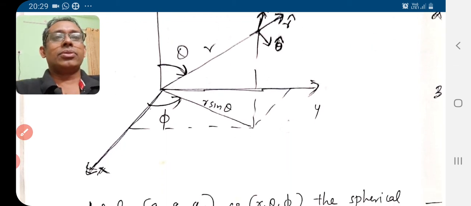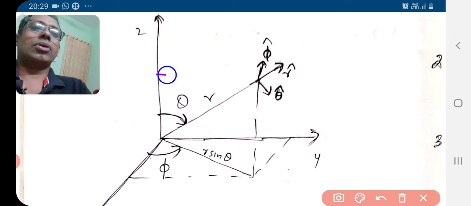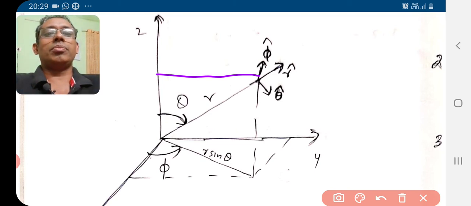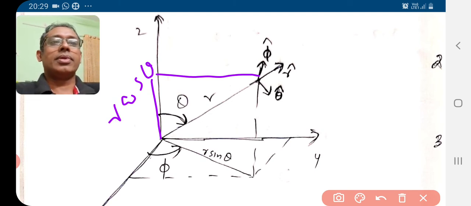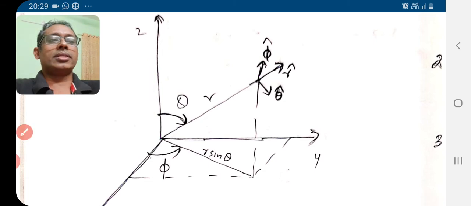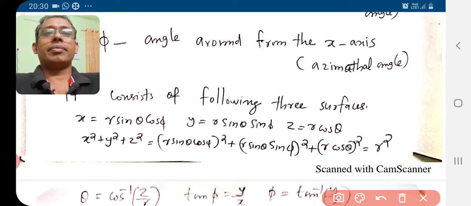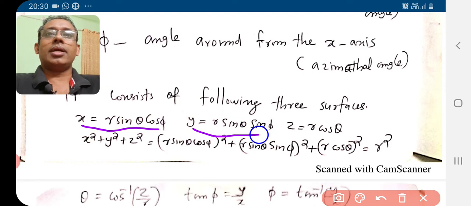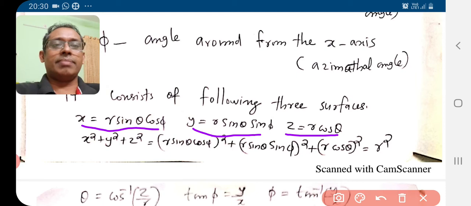From this also, since this angle is theta and this is r, this component will be r cos theta. So z is r cos theta. So x is r sine theta cos phi, y is r sine theta sine phi, z is r cos theta.